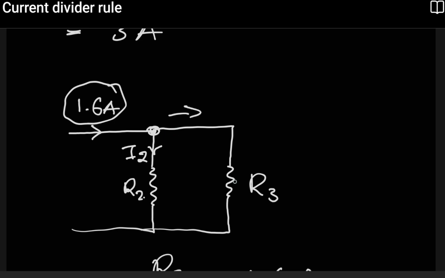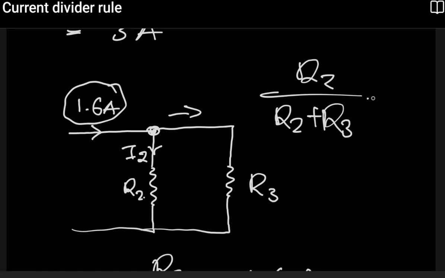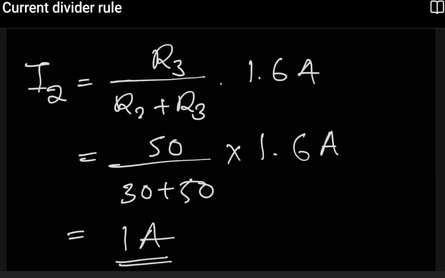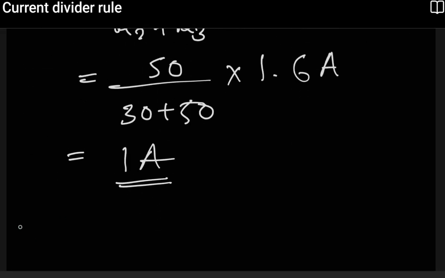You can try to do the math, but since you only have two resistors, to find I3, it will have to be R2 divided by R2 plus R3, then multiplying that by 1.6. This math is going to give you 0.6, which makes sense if you follow Kirchhoff's junction law. So this leaves I3 as 0.6 amps.